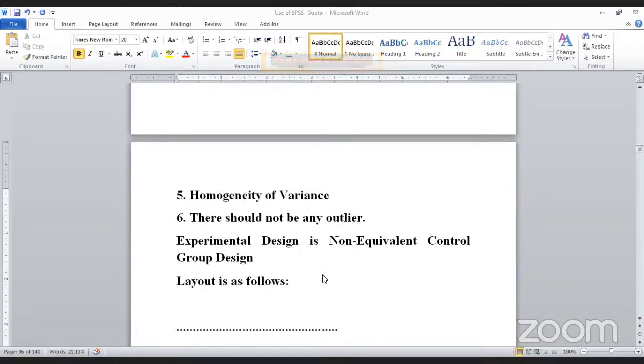Therefore, this design is always used in humanities or in social sciences.